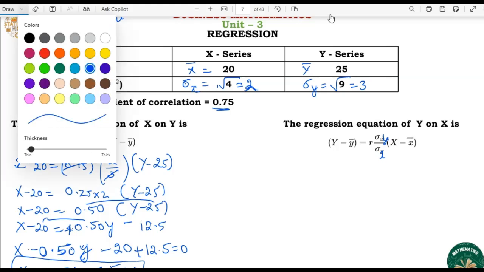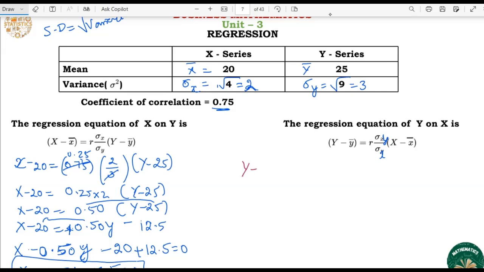So here to find y, we take y as it is. Y minus y bar, which is 25, equals r, which is 0.75, times sigma y by sigma x, 3 by 2, into x minus x bar. X as it is, x bar is 20.